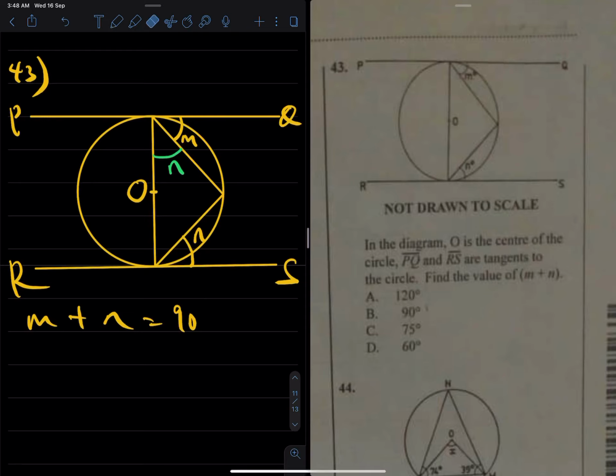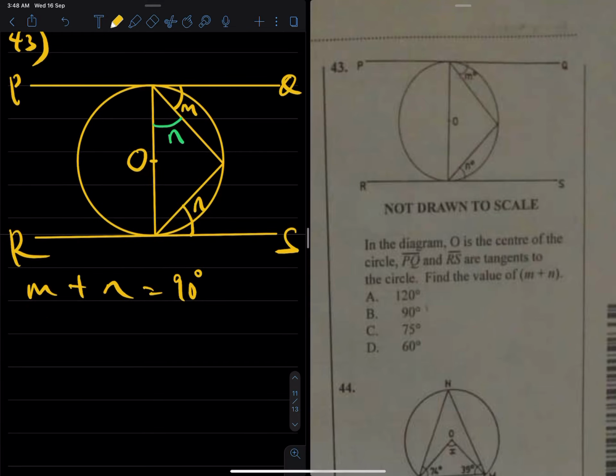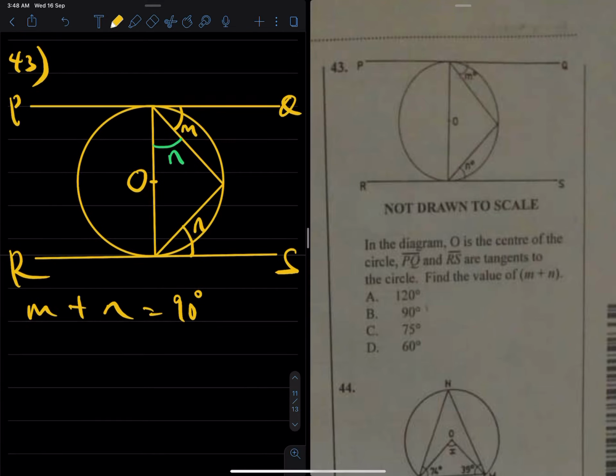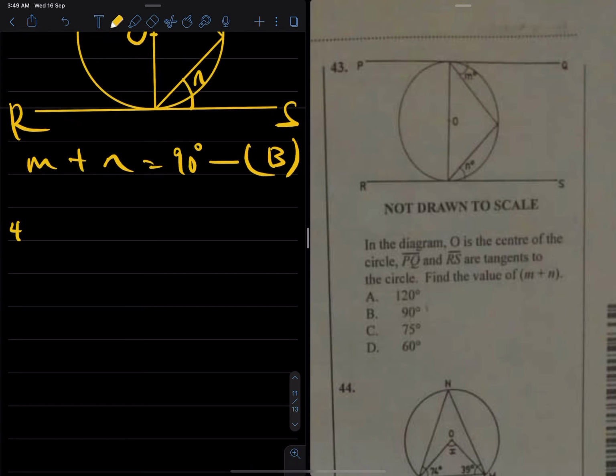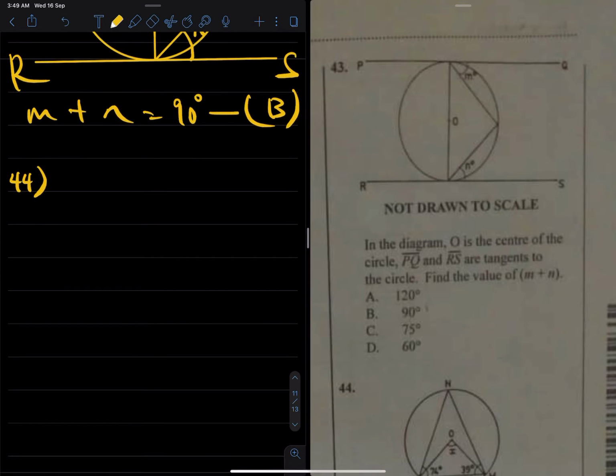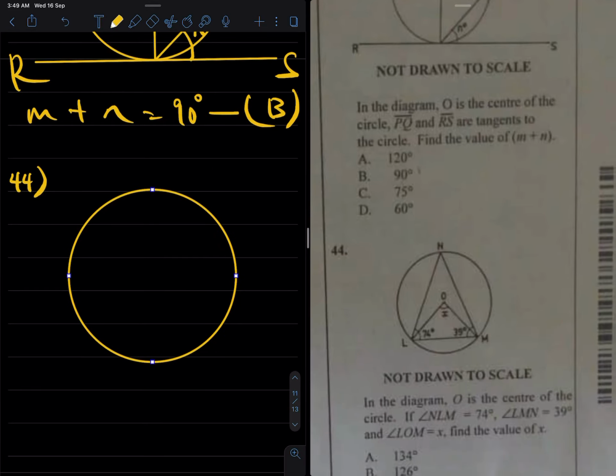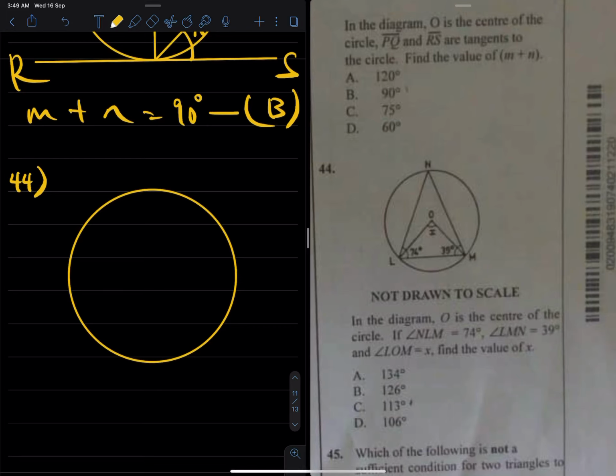And the reason for that is that the radius through the point of contact of a tangent is perpendicular to the tangent. So that means M plus N is 90 degrees, and the correct option is B. Now to the next, 44. There's another circle there. Alright, let's go. 44. Triangle this way.